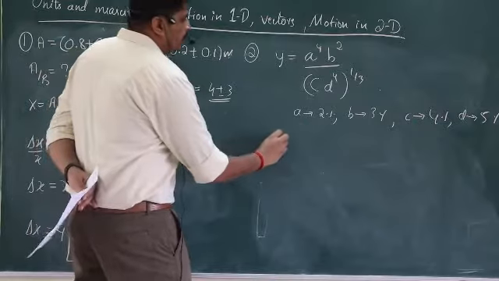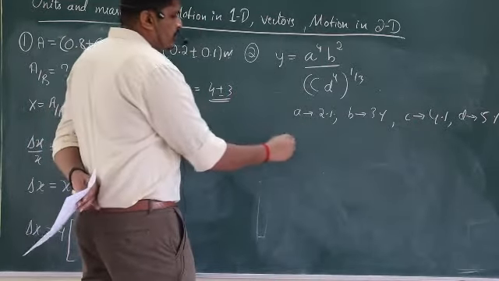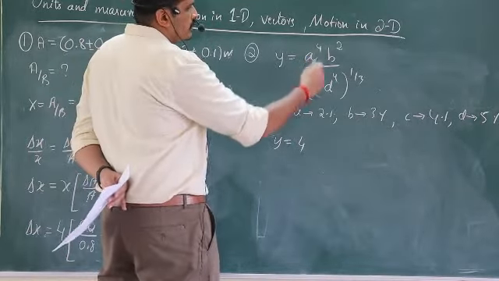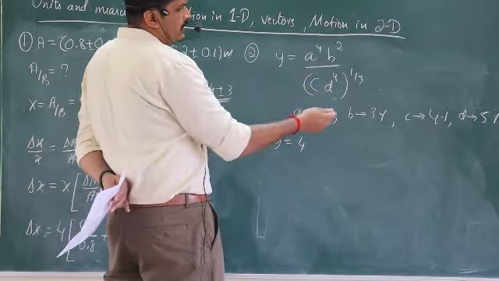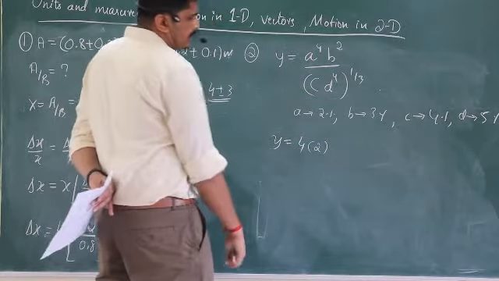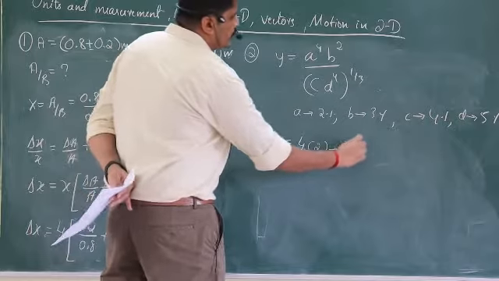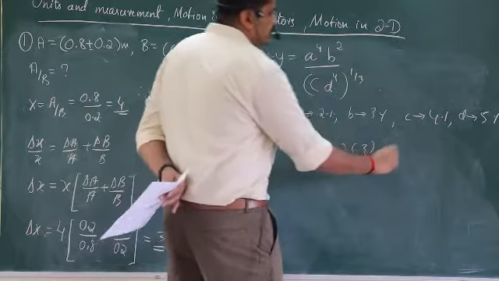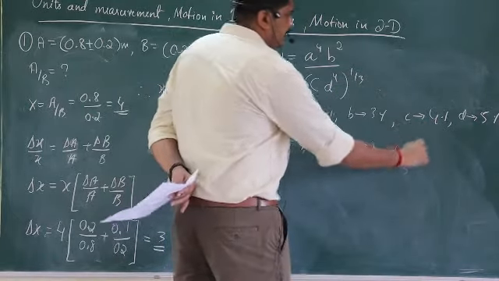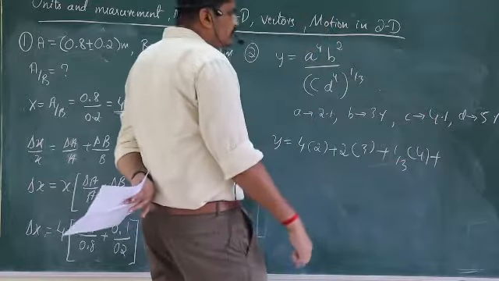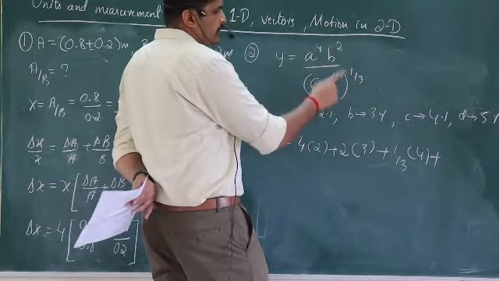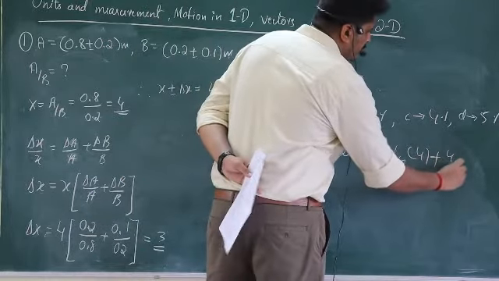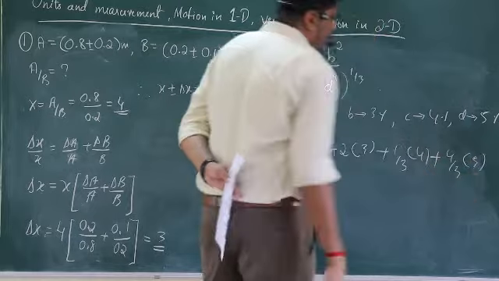According to the formula I discussed previously in the brief synopsis, it is 4 into delta A by A into 100%, plus 2 into 3, plus whole power 1 by 3 into C means 4, plus D power 4 is there, so 4 by 3 into 5.